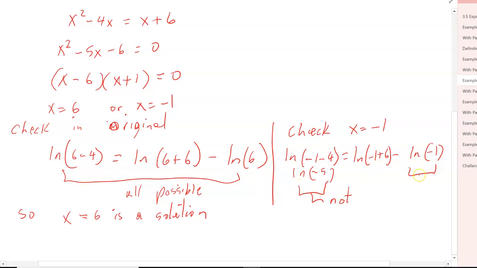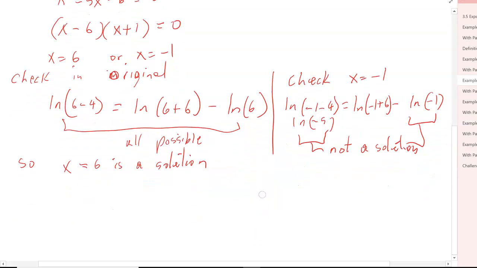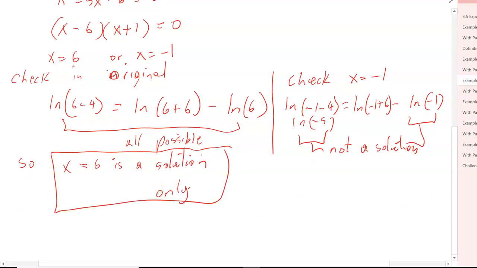Also, the ln of negative 1 is not possible, so not a real solution. So our only solution is x equals 6, and we are done right there.